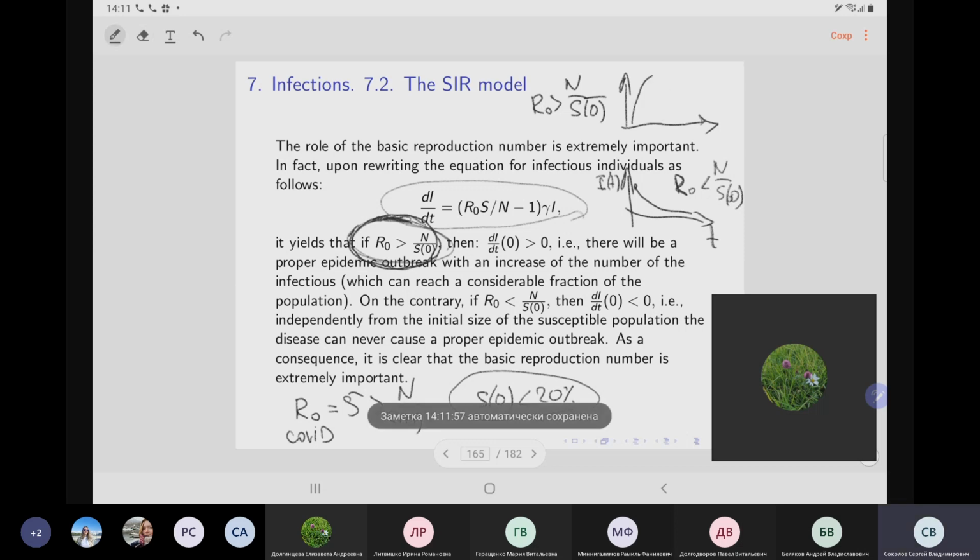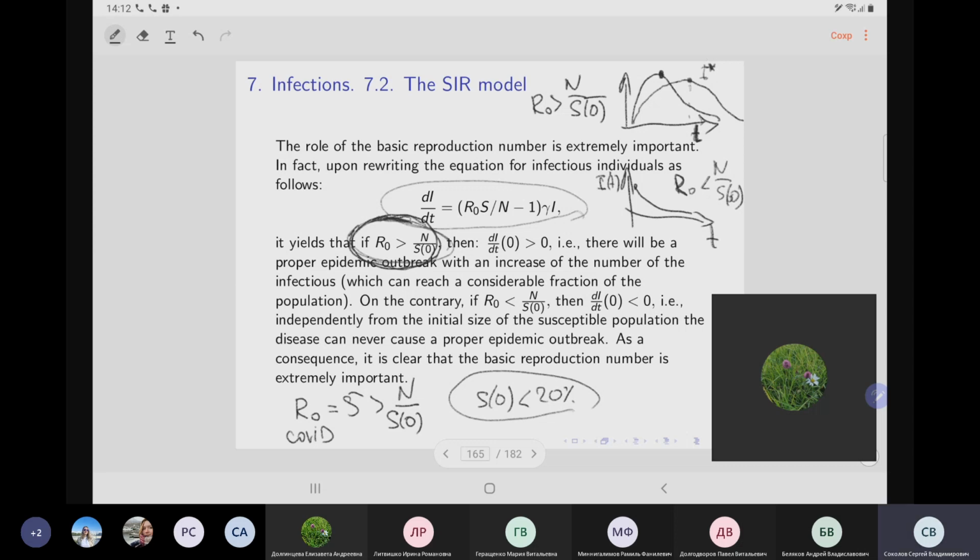So if the theoretical peak is like this, with the high number of infected at the same moment, and after quarantine restrictions and so on, it is something like this. So the time of this peak is moved to the right, and the peak itself is less than the theoretical one.